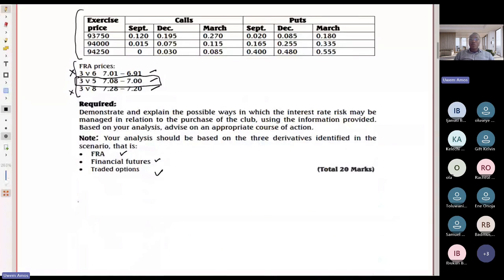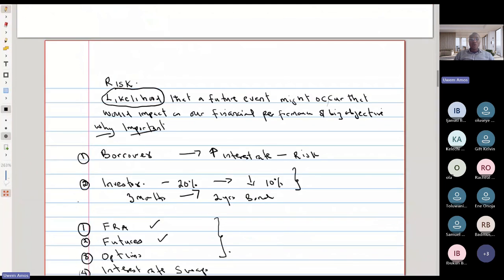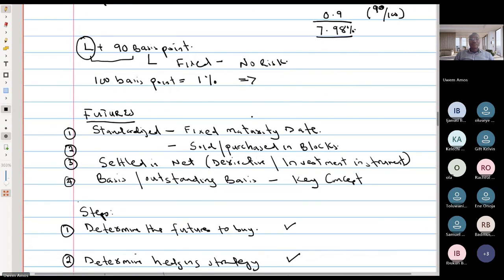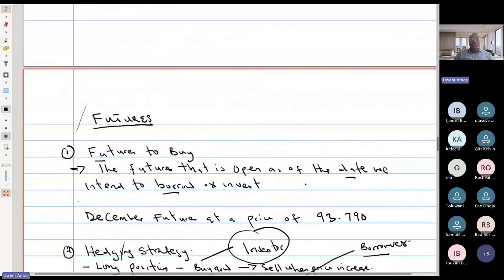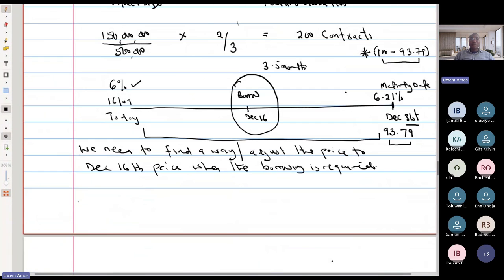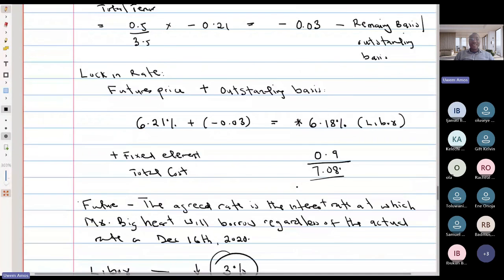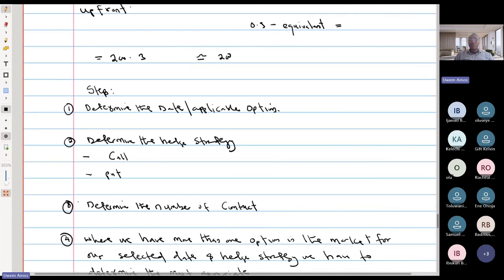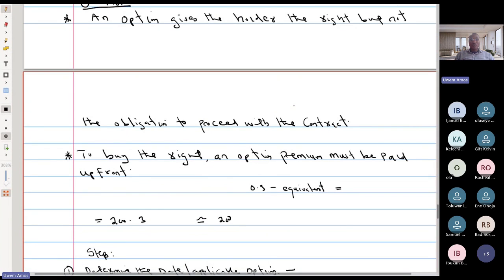Whenever we're solving a question on options, the first thing we would do, which would be our first step, would be to determine the applicable dates. That's our first step, determine the applicable date. And that's very important because when you go through the options market in our question, you would realize that there are different options in the market.